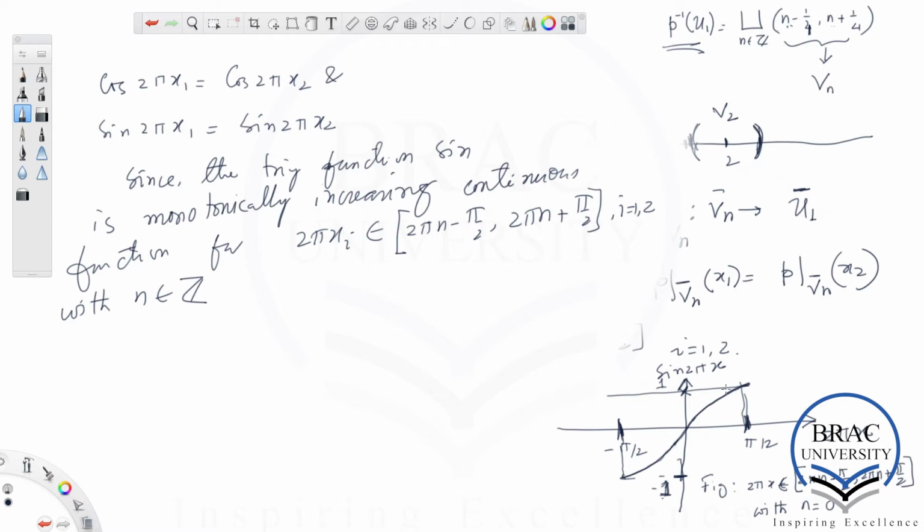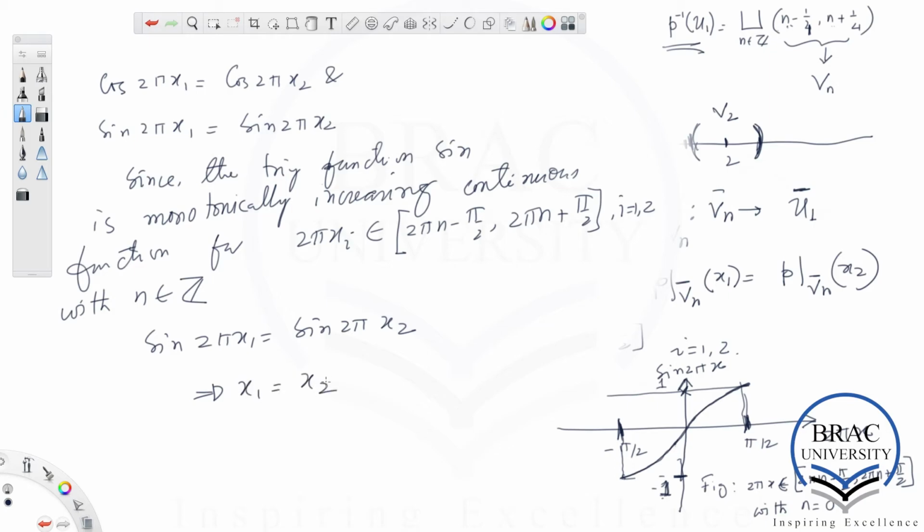Okay, so since it's monotonically increasing in this interval, to have sine 2 pi x1 to be equal to sine 2 pi x2, one must have x1 to be equal to x2.